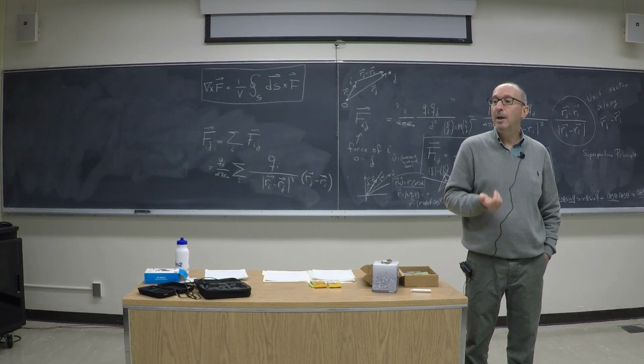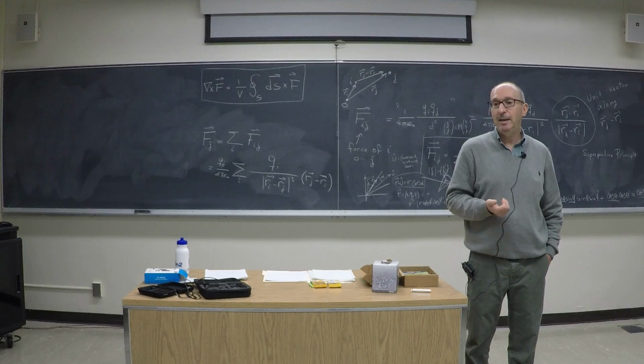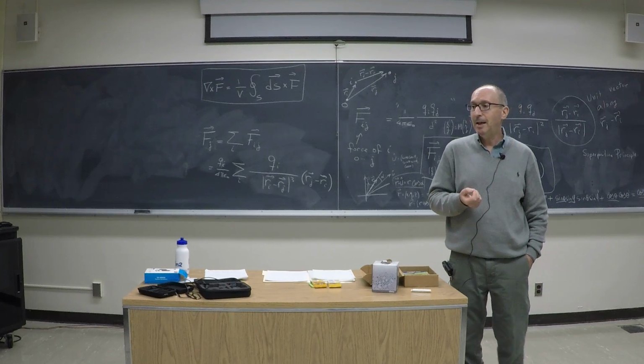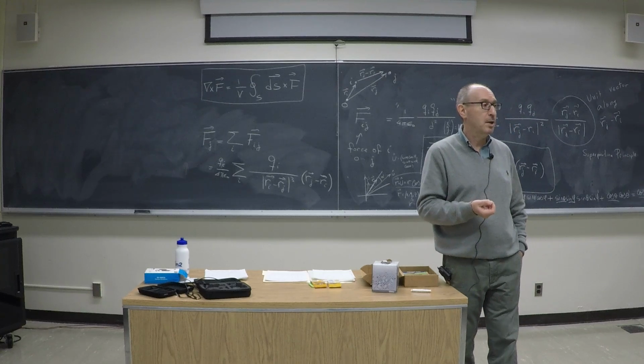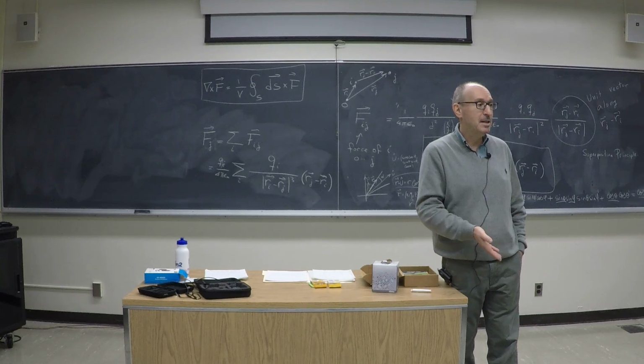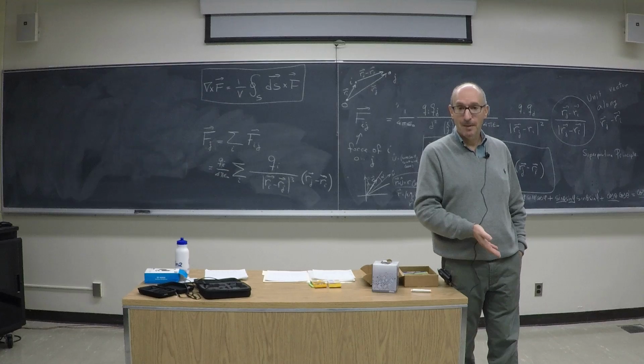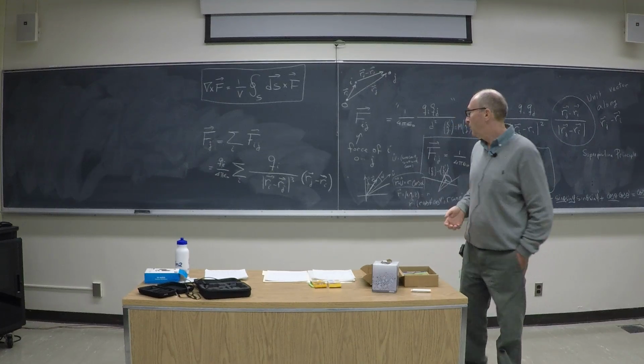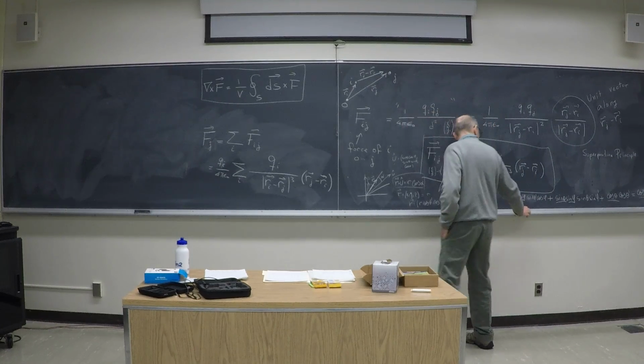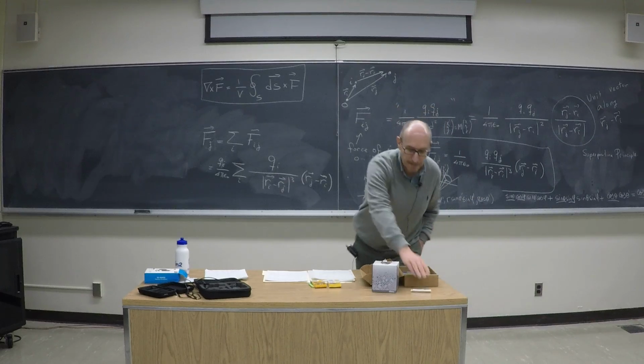And so the force that I'm going to measure is not really the force I wanted to measure, because by bringing a charge close to the metal, I'm moving the charges that I want to measure. Clear?